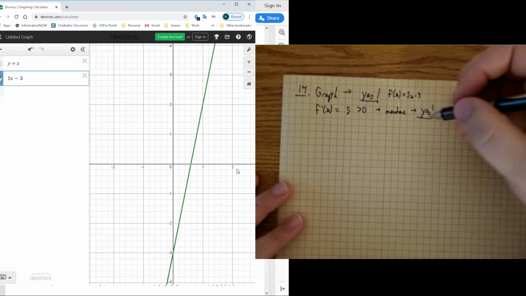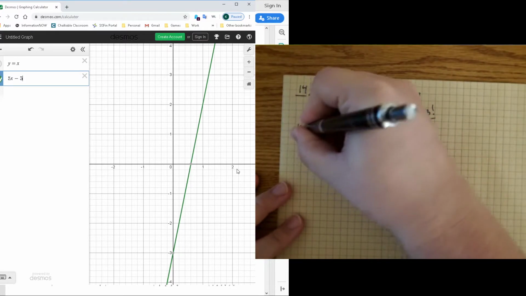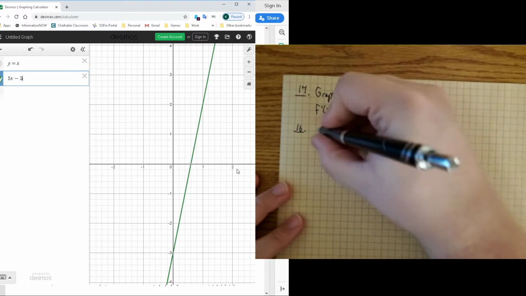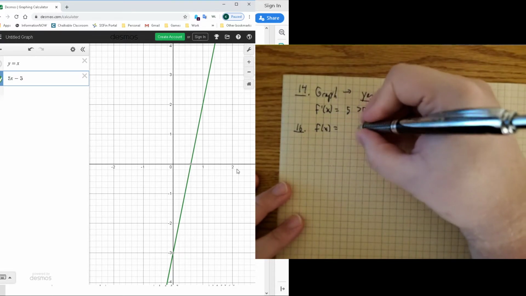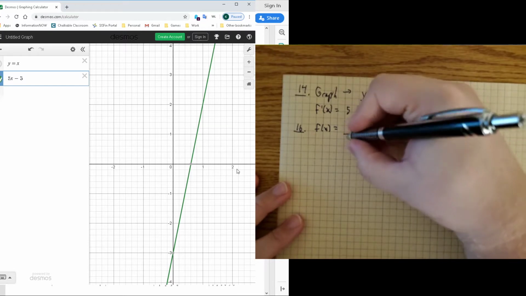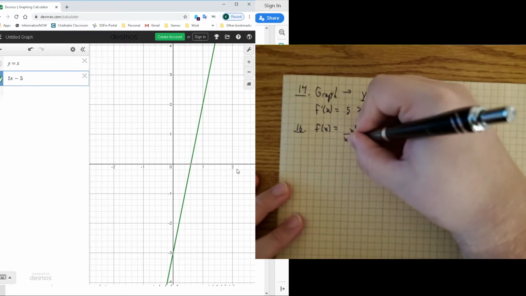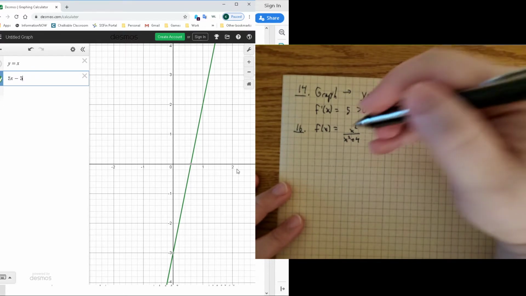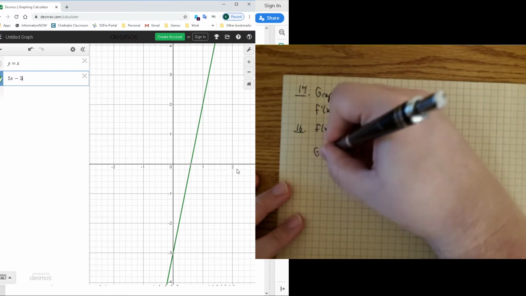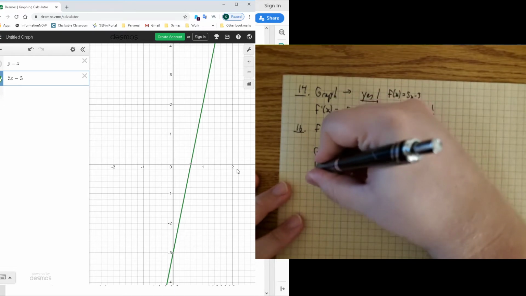Now, compare this to 16 with a little bit harder derivative, which I'll do here in a second. My f of x is equal to x squared over x squared plus 4. Again, the problem doesn't say to do both. I'm choosing to do both to illustrate how this works. So I'm going to start by doing the graph, and then afterwards I'm going to do f prime.